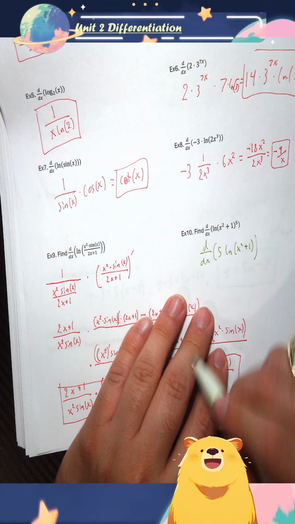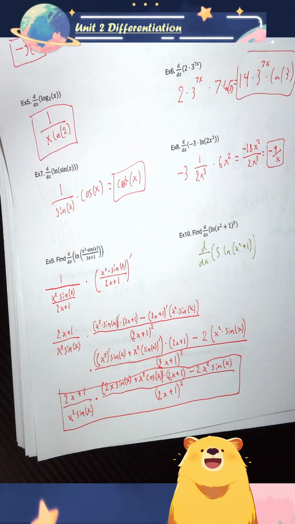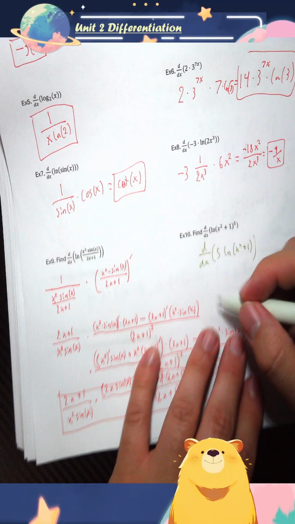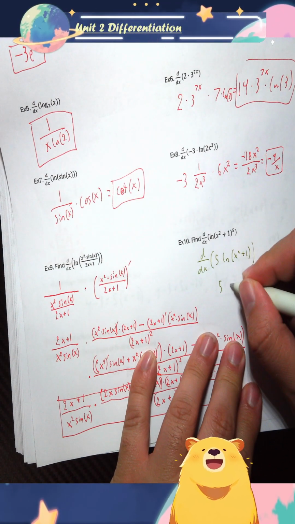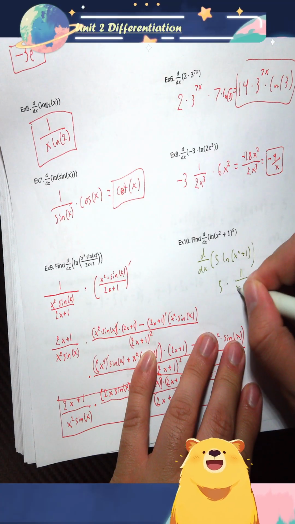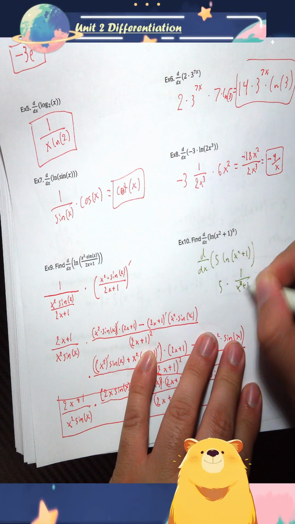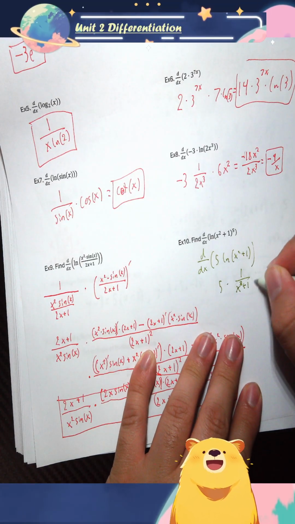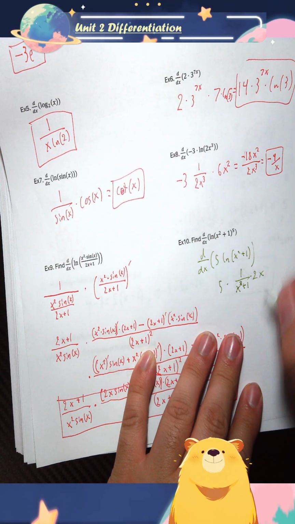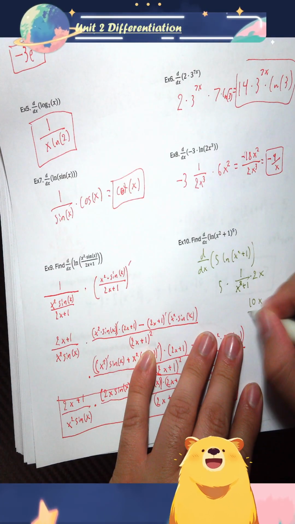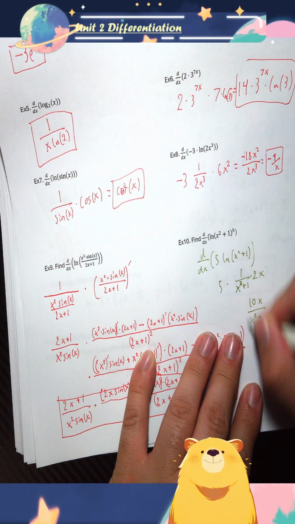I can't split this any further because you can only split up when they're multiplying or dividing, and they're not doing either. So this derivative becomes 5 times 1 over x squared plus 1 times derivative of this, which was just 2x. So that becomes 10x over x squared plus 1.